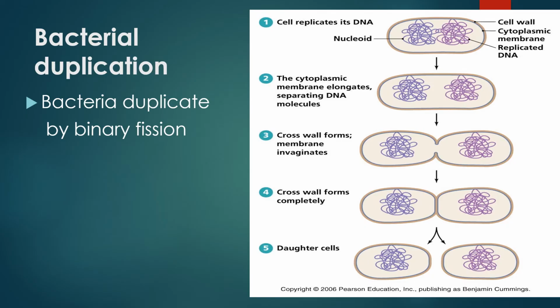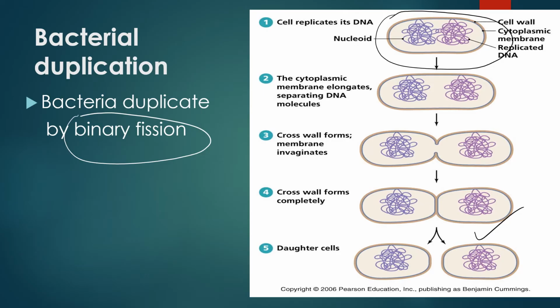So this is just going back to how bacteria replicate. And remember, we mentioned earlier that replication is by something called binary fission. And with binary fission, the bacterial cell divides into two daughter cells. And these two daughter cells are identical to that parent cell.